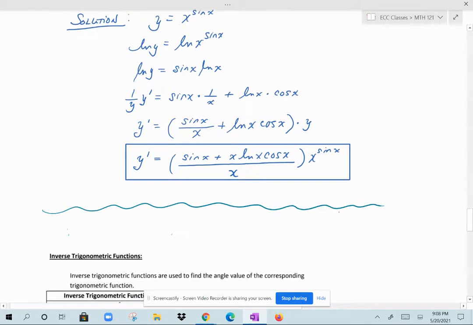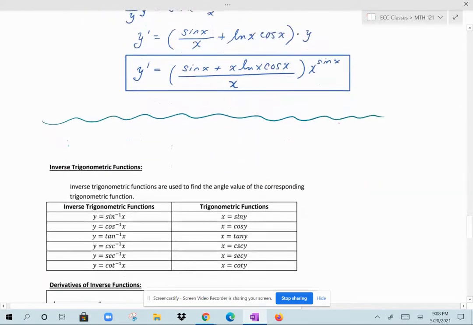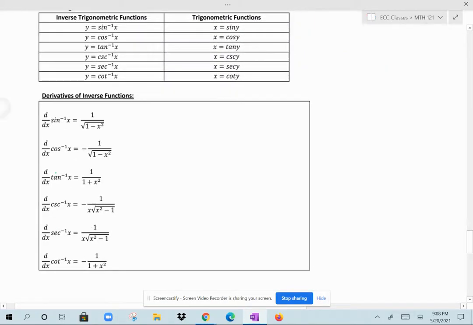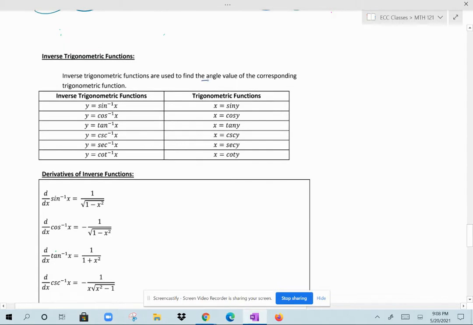Okay, the second part of this lesson is on inverse trigonometric functions and their derivatives. So as a reminder, there are 6 inverse trigonometric functions, and inverse trigonometric functions are used to find the angle of a corresponding trig function.